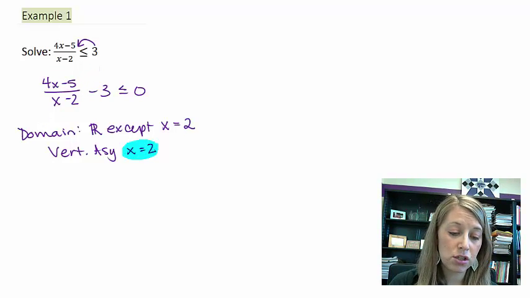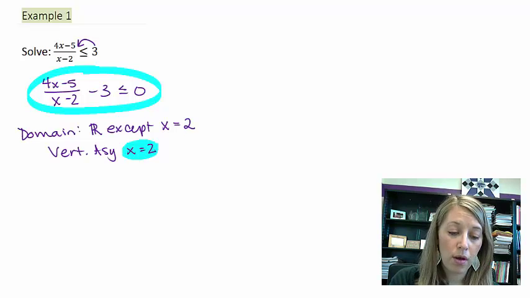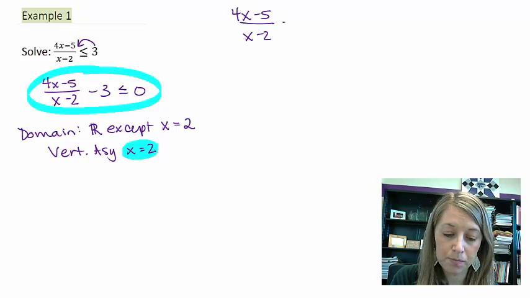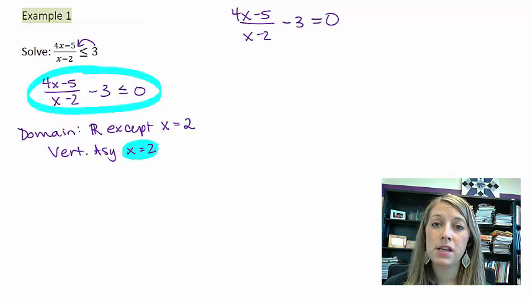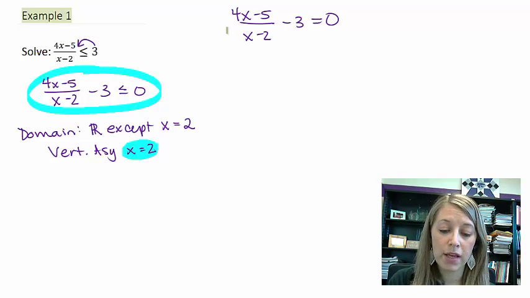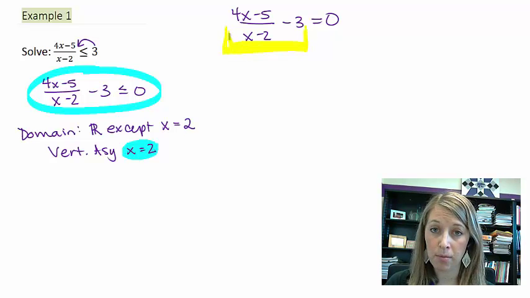So now I just need to take my rational equation and figure out where it is equal to 0. So I can treat this just like an equation. Now there's two ways that you might go about this. The first way is to put this as one fraction with one common denominator.